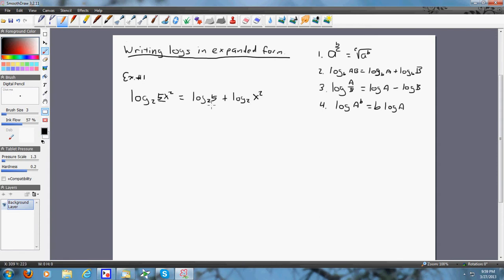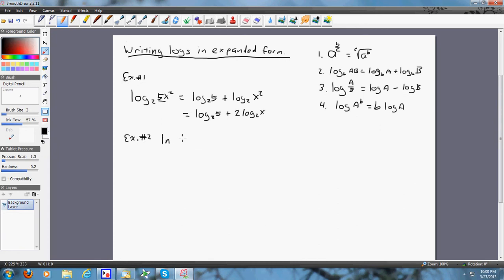Here you can see this is the product, and you can actually continue this on because this is the power to log base 2 of x. So that's example number 1. That was a fairly easy example. I'm going to give you another example.